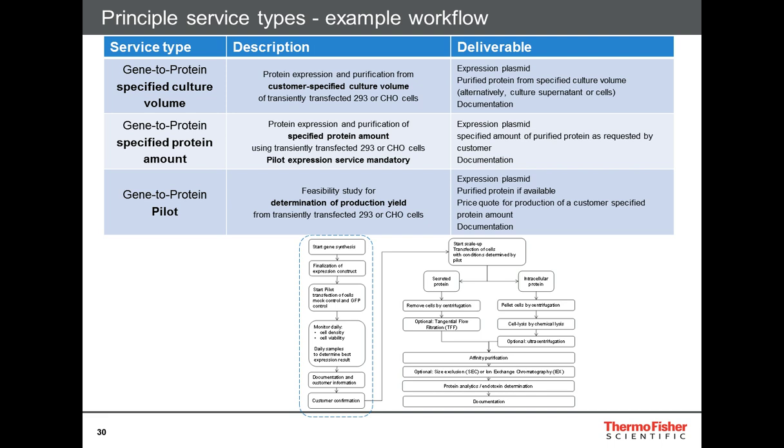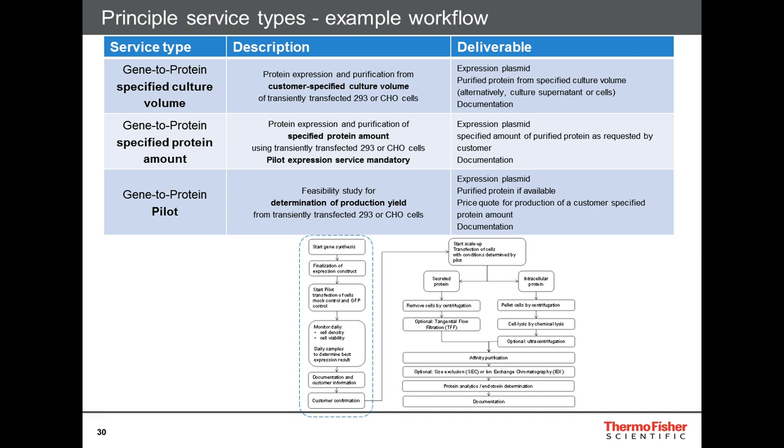If you need a specified protein amount, then that's also possible, also with the same cells and with the same deliverables, but we need to do a gene-to-protein pilot first.